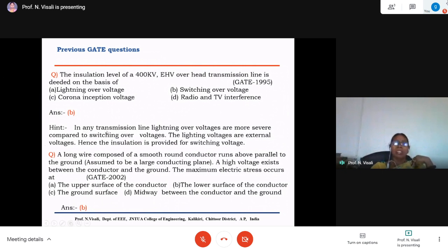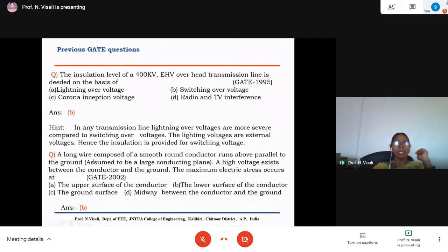In any transmission line, lightning over voltages are more severe compared to switching over voltages. The lightning voltages are external voltages, hence insulation is provided for switching, the normal operating conditions of the line. Lightning is once again a faulted condition, but it is external voltage, not exactly an internal requirement.